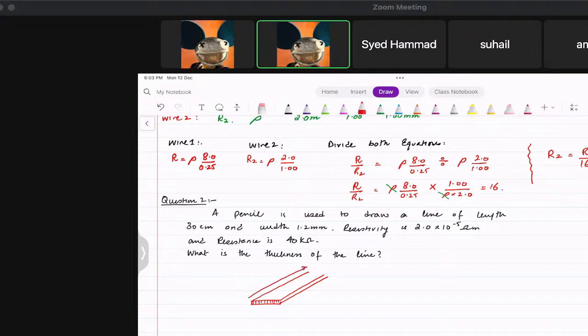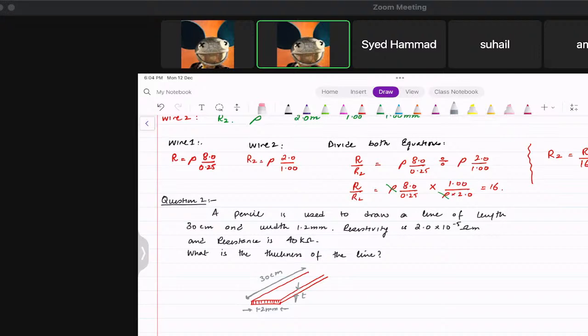The length of the line, let me draw it with another color, is given as 30 centimeter and the width is 1.2 mm, and you want to find this thickness, right?